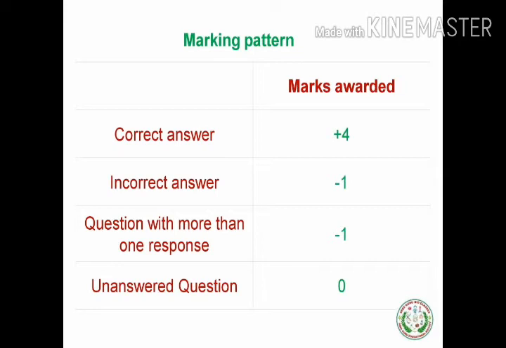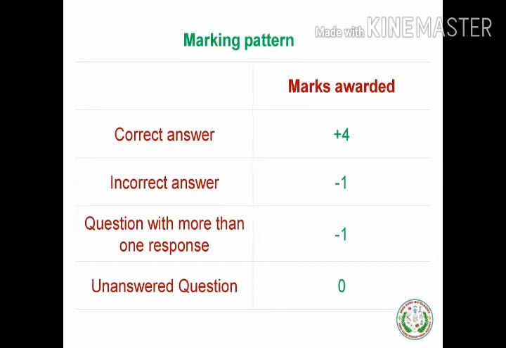Next, let us see the marking pattern. Every question has equal marks and each correct answer will be awarded 4 marks, and there are negative marks also in this exam. So each wrong answer will be awarded -1 mark and this 1 mark will be deducted from your total obtained marks.